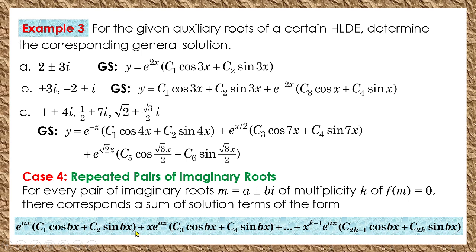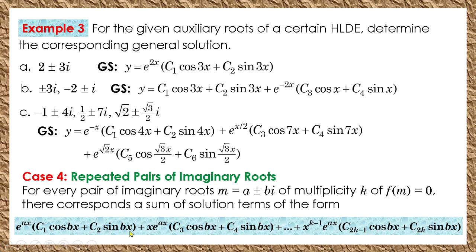Dahil na-repeat, uulitin mo lang to, papalitan mo lang yung c sub 1, c sub 2 ng c sub 3, c sub 4, pero magkakaroon na ng x. May multiplier kang x. At yung pangatlo, x squared. Pero ang arbitrary mo, c sub 5, c sub 6, hanggang makarating ka ng last term.